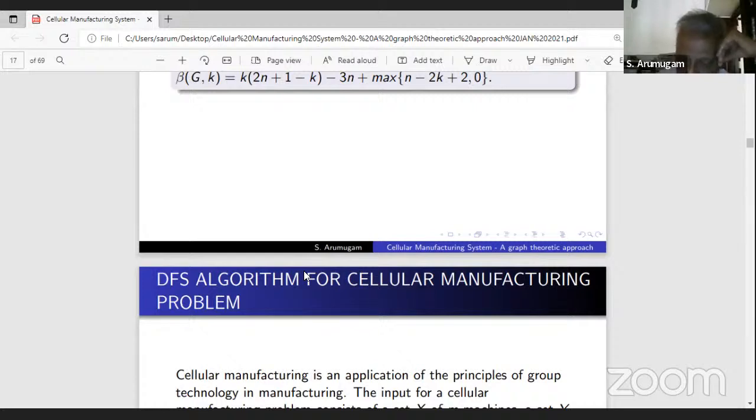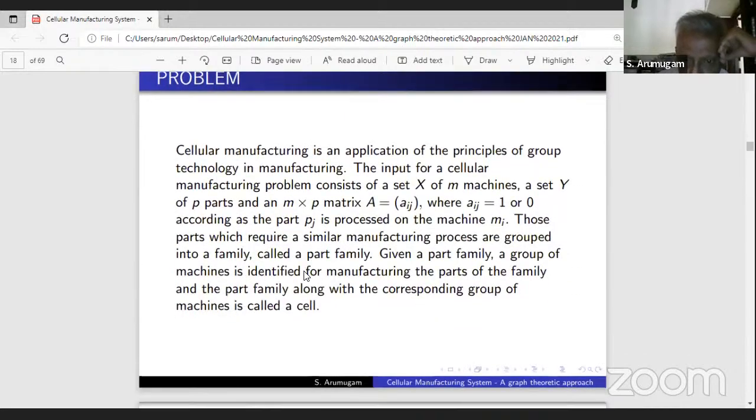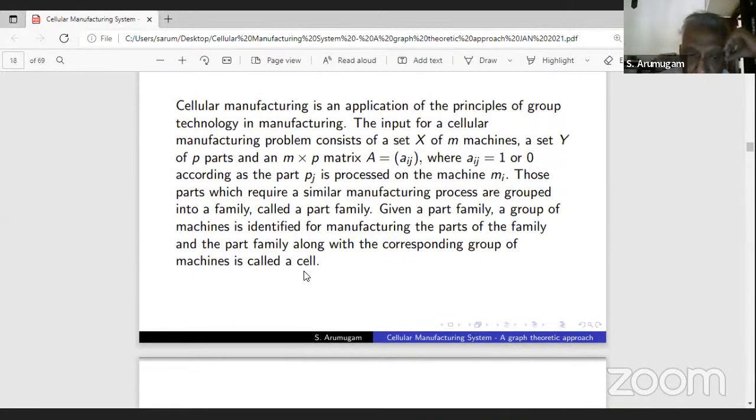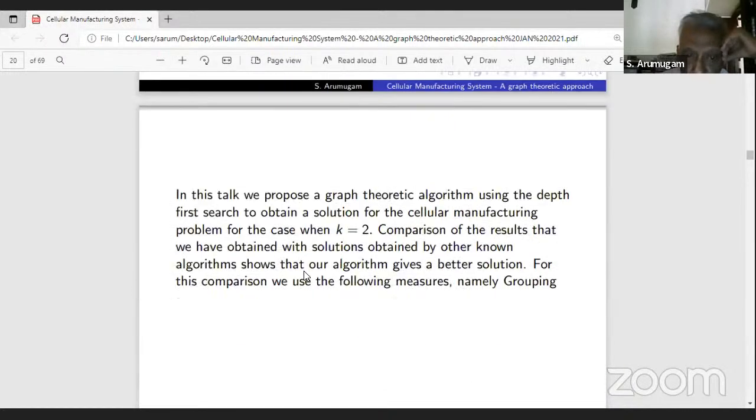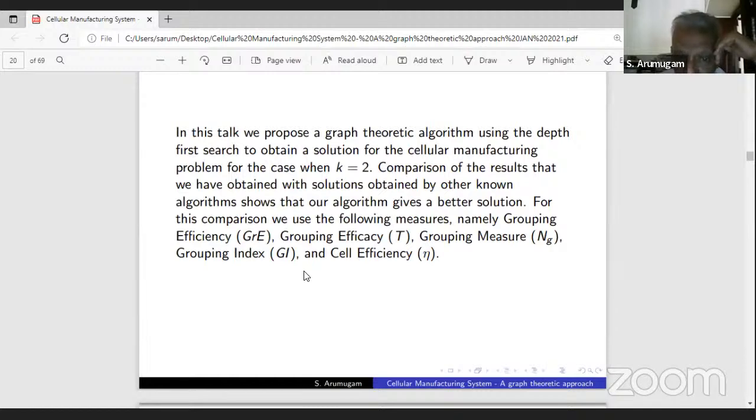So given the bipartite graph, I want to develop an algorithm to split the graph into exactly 2 non-trivial components. I'm initially taking the case k equal to 2. Afterwards, we shall extend it for other k. That's easy.